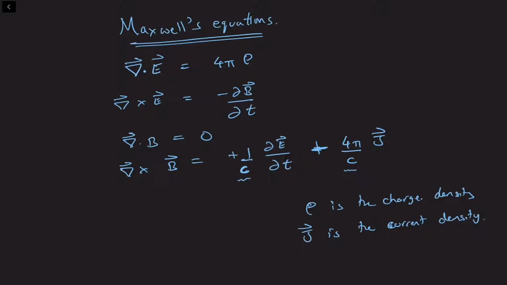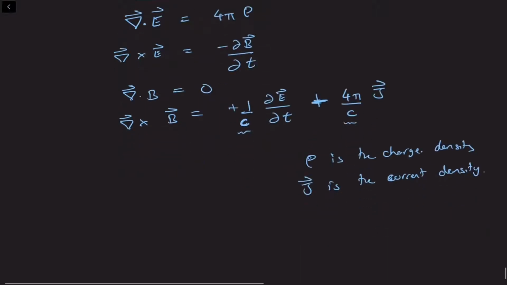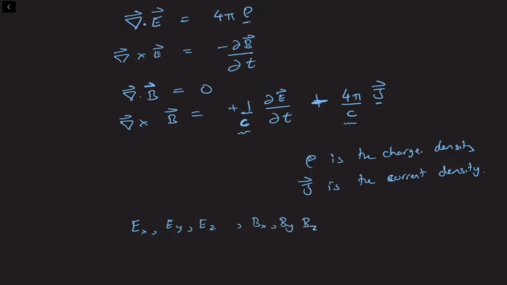Okay, so these are coupled differential equations, and assuming we know the sources, we would be trying to solve for the components of the electric and magnetic fields everywhere in space. So at each point in space, we are trying to solve for Ex, Ey, Ez, and Bx, By, and Bz.